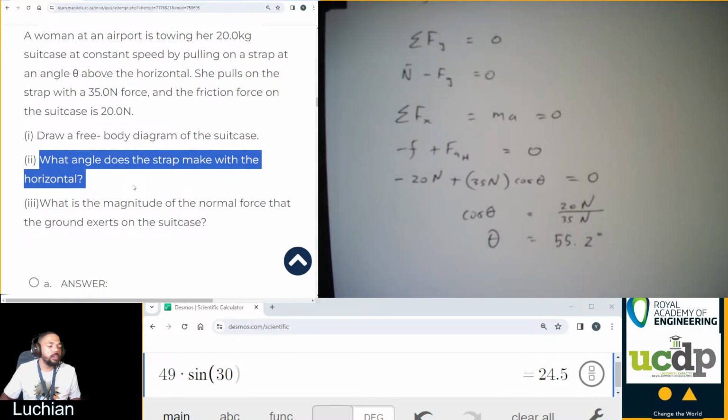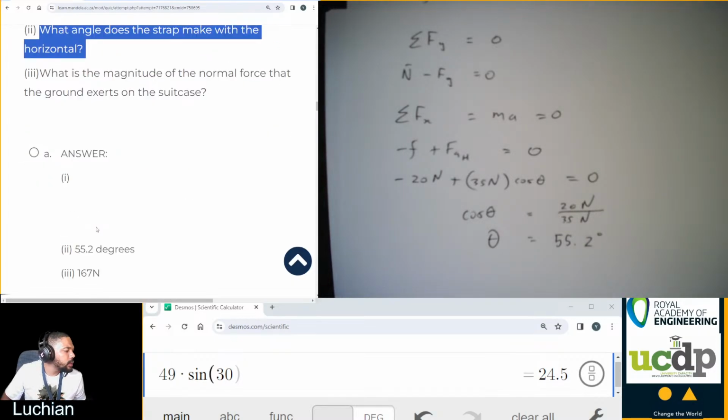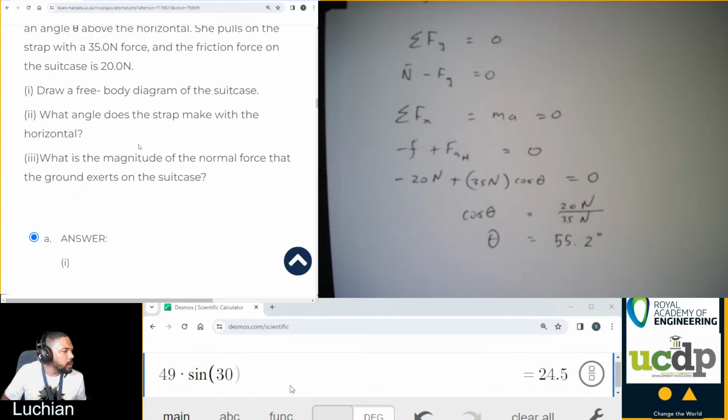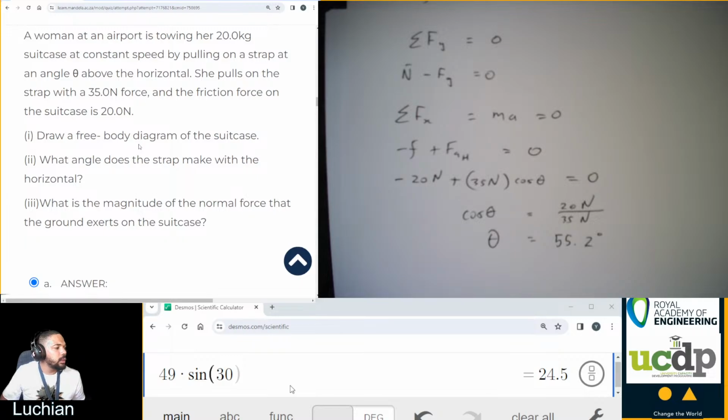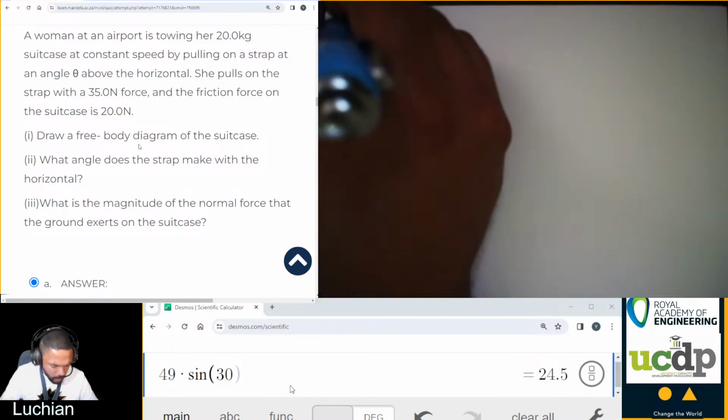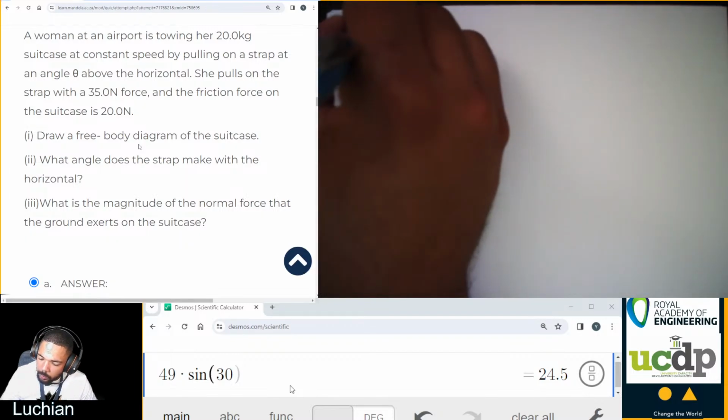Let's check. So there we have it. Theta is 55.2 degrees, and so we worked it out correctly. Now they want the normal force. Question number 3.